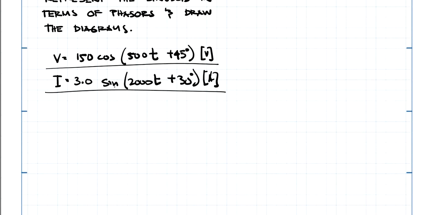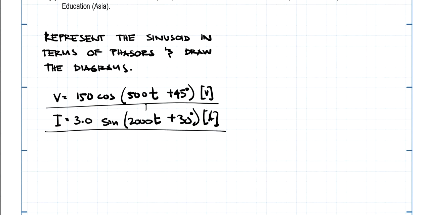One is in cosine, one is in sine, and we are asked to transform these into phasors, and also to draw the diagrams. The drawing of the diagrams is simply to give us a feel of how the phasors will look in the phasor diagram.